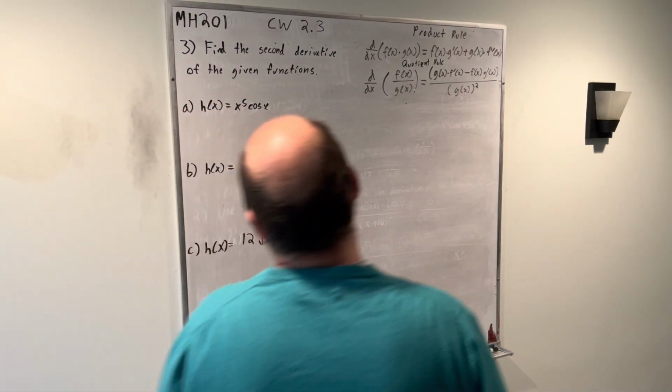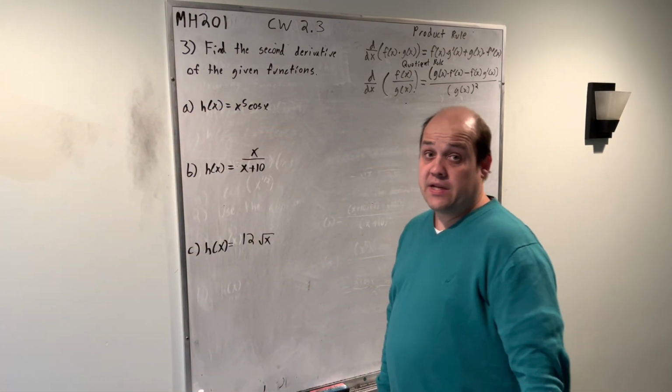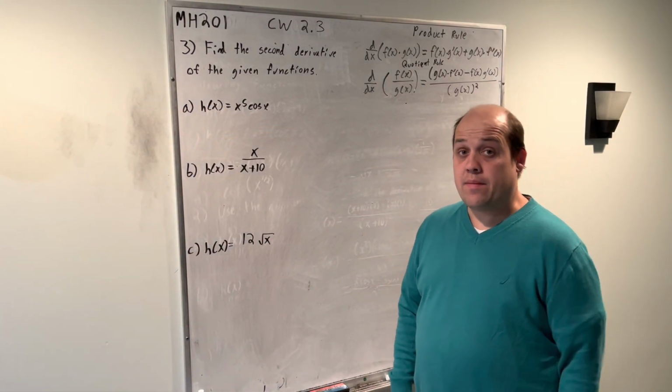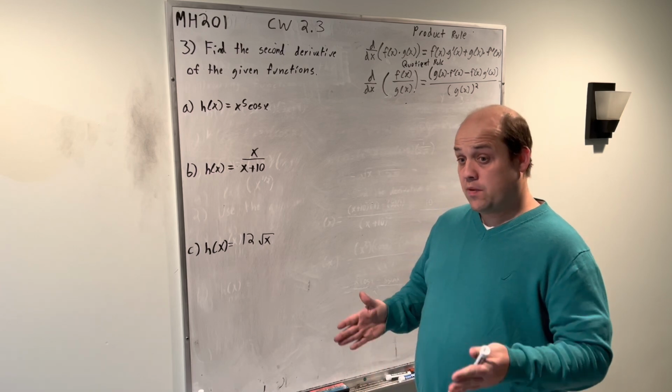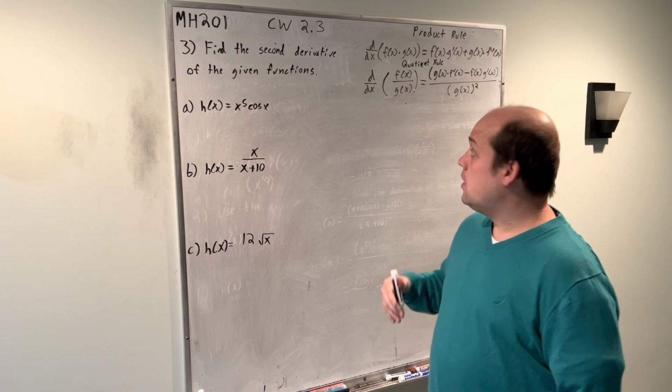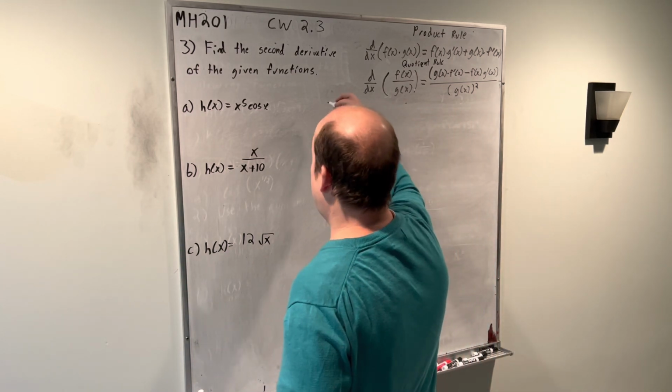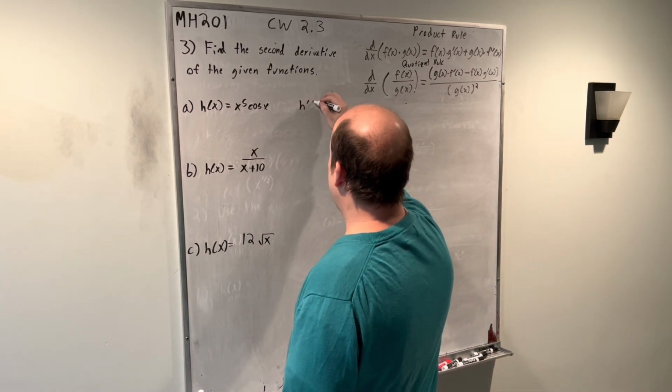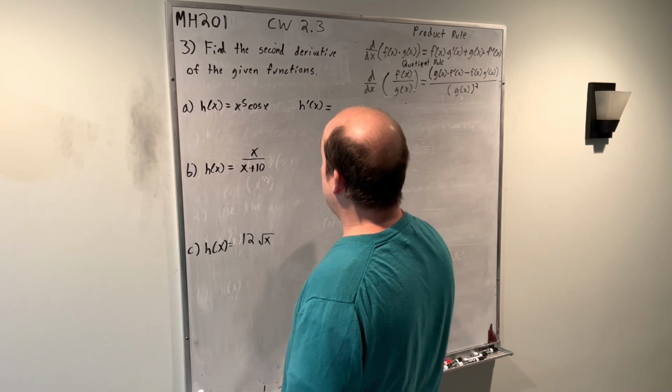When we find a second derivative, basically that just means we find the derivative the regular way by the derivative process. Then once we found it, we take a derivative of that answer to find the second derivative. So when we go to find the first derivative for part A here, we'll be using the product rule.